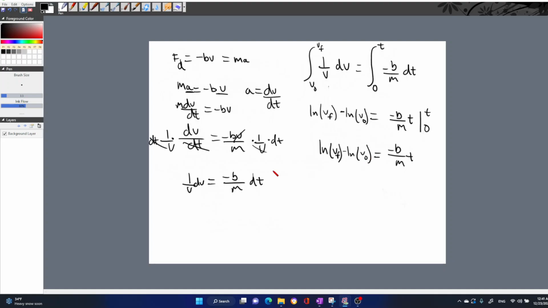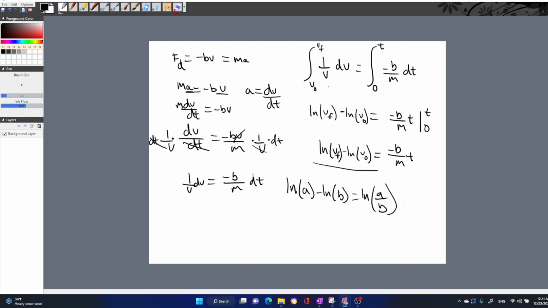Do notice that when we have two natural logarithms subtracted like this, that means that they're actually being divided. So that's a log property. If we have ln of a minus ln of b, this is just ln of a over b.